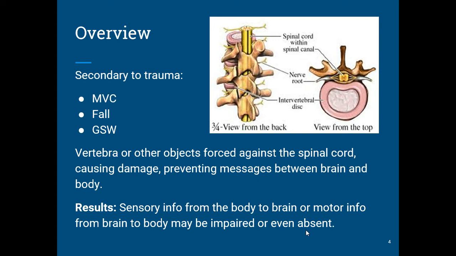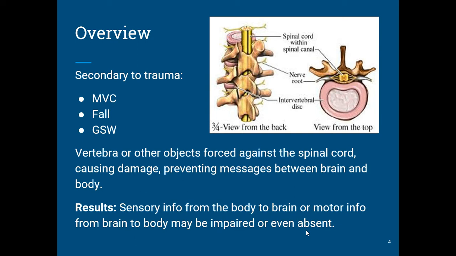The vertebrae are objects that can also be forced against the spinal cord. I mean, they serve a purpose, but they also can cause damage as well, preventing those messages between the brain and the body. What can happen is if the vertebrae moves and compresses the spinal cord, then again you have this hindering of the messaging with the nerves and transmission between the brain and body.